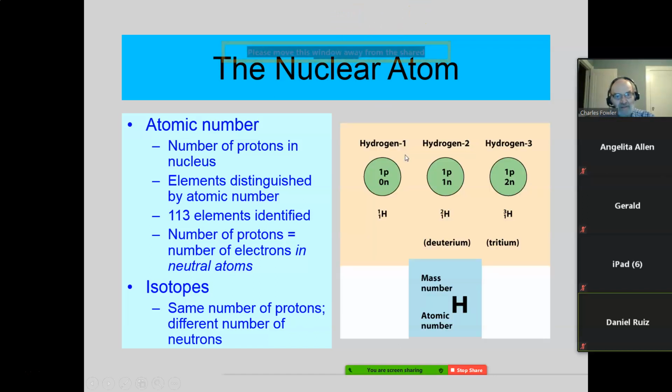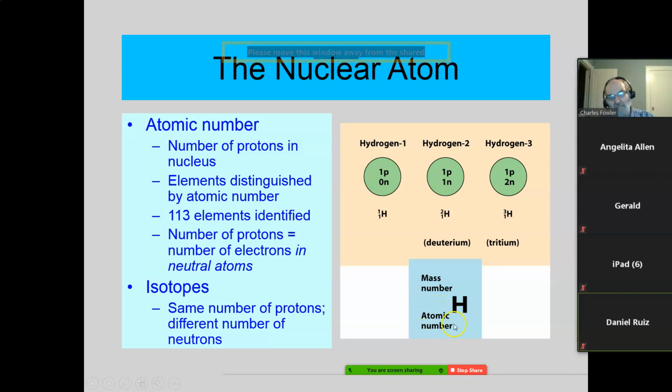Now, here's the example, and this is also on page 209 or 8-5. Here's the ones I was talking about. The element is hydrogen. Hydrogen always has one proton. So the subscript here in front of the H is your atomic number.